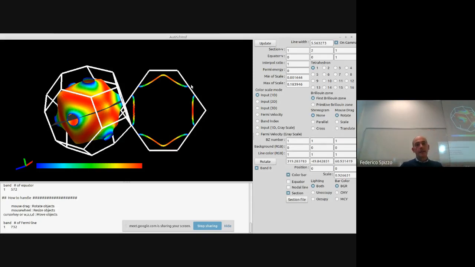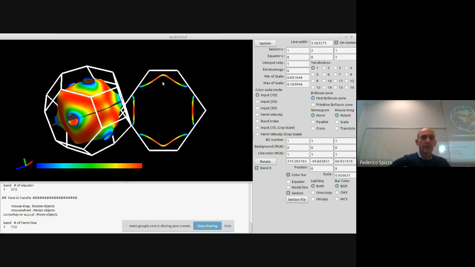So in this case, the difference between these two situations is labeled by saying that in the first case, you have a closed orbit. So whatever the shape, the orbit is always within the first zone and is a closed orbit. In this case, what you have is the so-called open orbit, where open means the intersection is again within the first Brillouin zone, but if you follow the orbit, you have the opportunity to change zone.